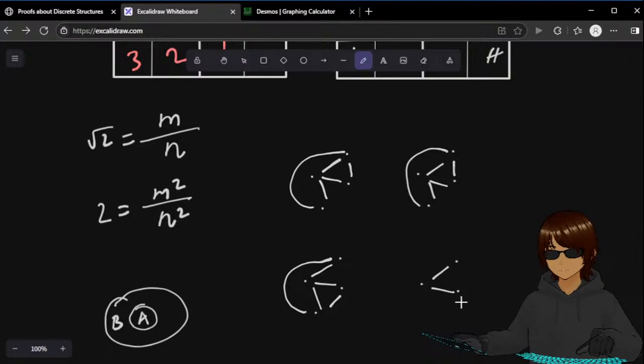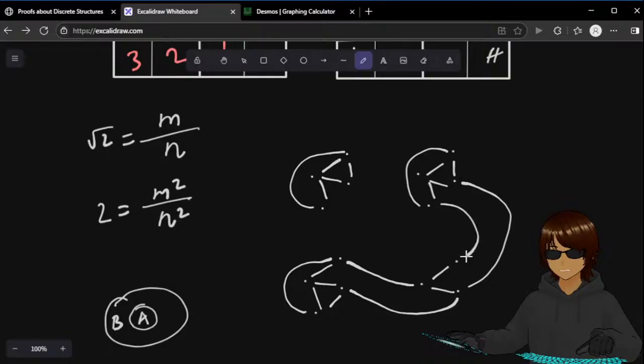Let me think. We have one, one, two, and three. One, two, and three. So this guy has done three. This guy has done two. So three here, three here, three here, three here. This is three. This is two though. Maybe we can do three here. So this guy has three edges. Can do this. So this guy has three edges.